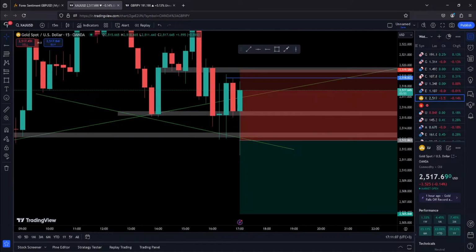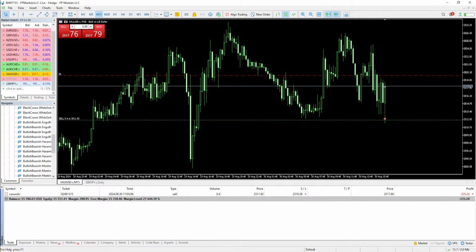Let me just show you my terminal again. Now anything can happen. At last minute it can reject, or at last minute it can really boom up. So these 3 minutes are extremely important, because if the market really has to move down, then this candle will be closing below the lower trend line. Definitely it's gonna do that.